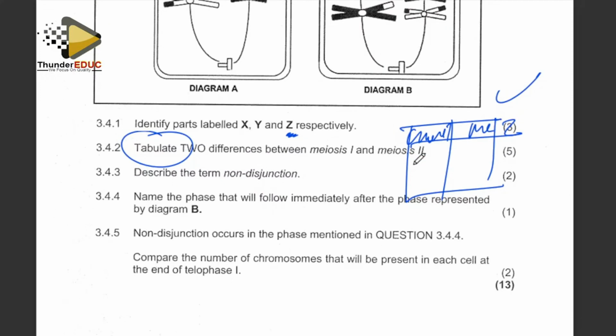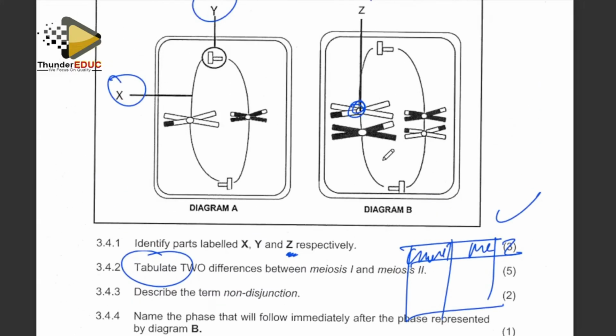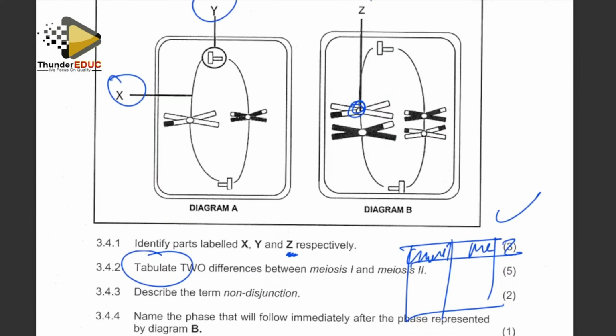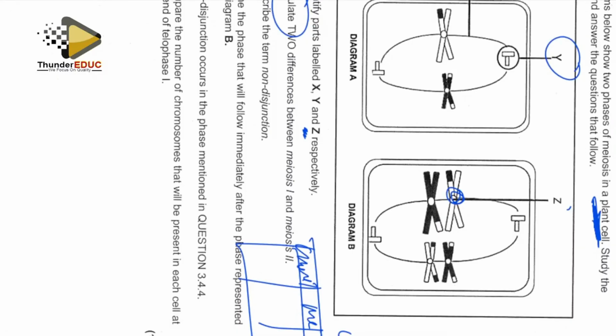Name the phase that will follow immediately after the phase represented by B. Where is B? Remember, I told you that when you have such questions, this is what you do. Rotate it so that these things are on the sides. You see that now the chromosomes are in the middle. So this is metaphase 1.